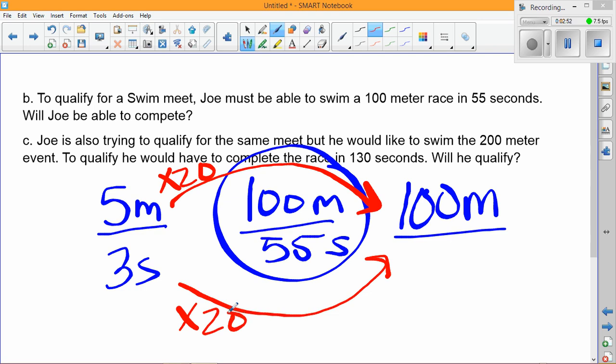So that means for Joe, it's going to take him 60 seconds because 3 times 20 is 60. And if you notice, our goal is 55 seconds for 100 meters. So he's a little bit too slow. He's not quite going to make his goal.